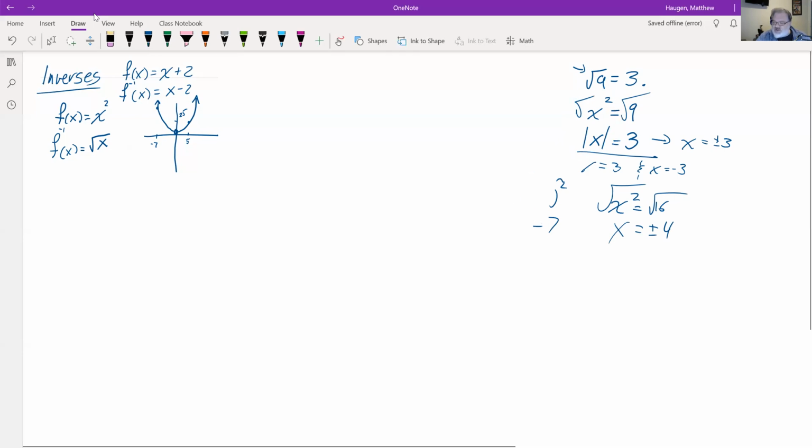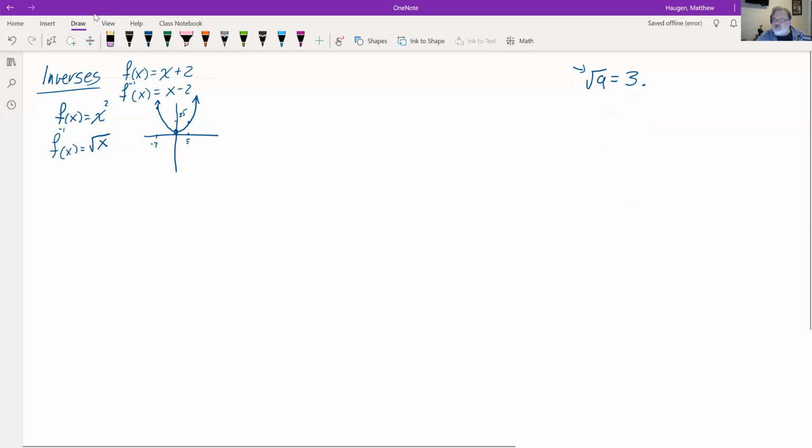Again, all of this issue is because the square root is not a perfect inverse. One of the ways we can see that it's not a perfect inverse is because the x squared function is not 1-to-1. Just like we have a vertical line test to see if it's a function, a horizontal line test will tell us if it's a 1-to-1 function, if it can be inverted.